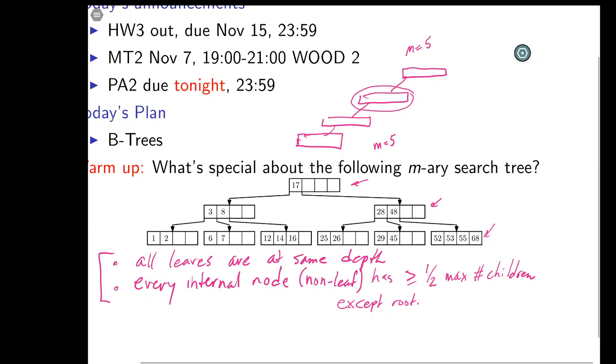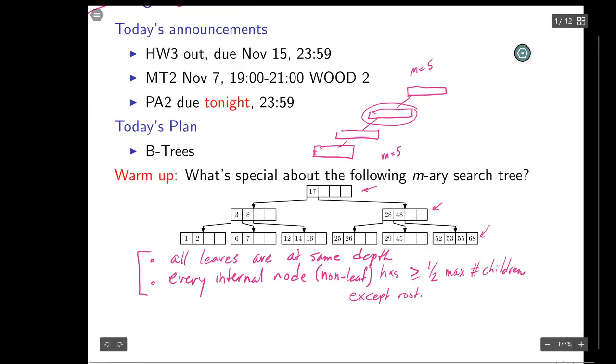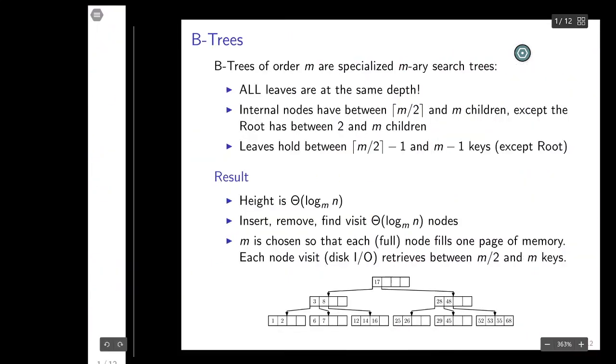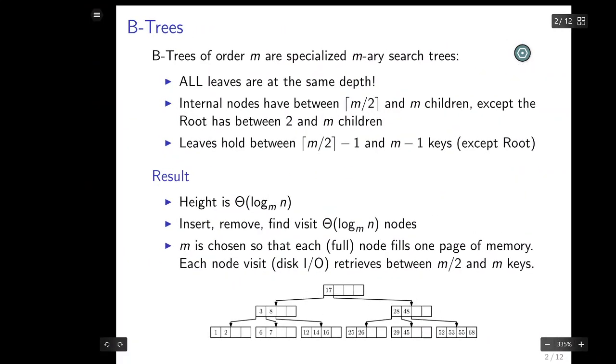So trees with this property have log base m of n depth. And trees with these properties are B trees. So now you know what a B tree is. A B tree is just a specialized M-ary search tree.